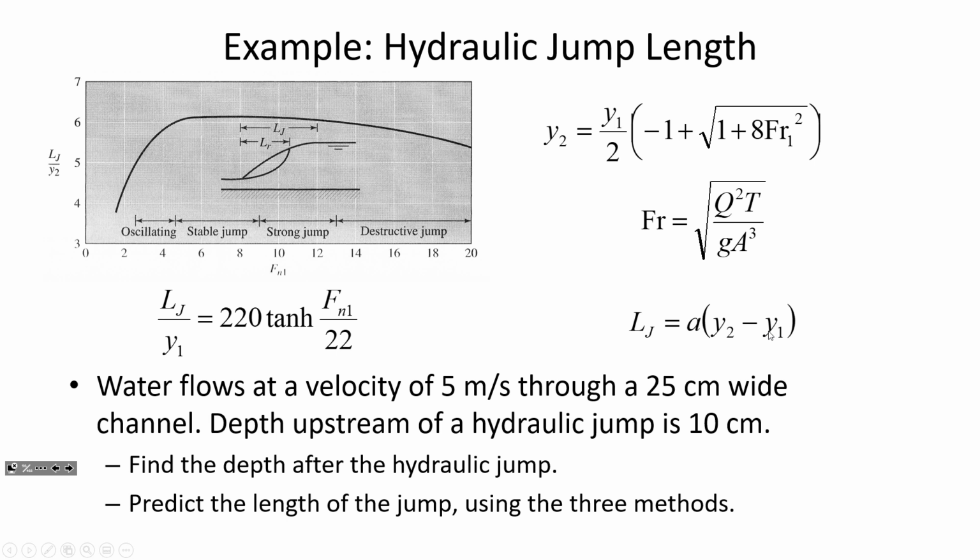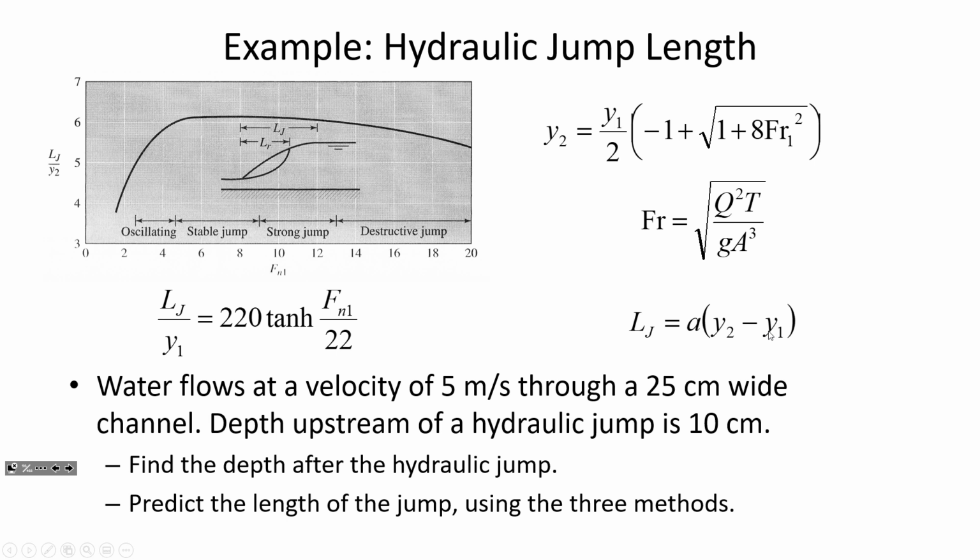So we have a flow rate of 0.125 cubic meters per second that we get from having the depth Y1 is 0.10 meters, the velocity is 5 meters per second, and the width of the channel is 25 centimeters, so B is 0.25 meters.